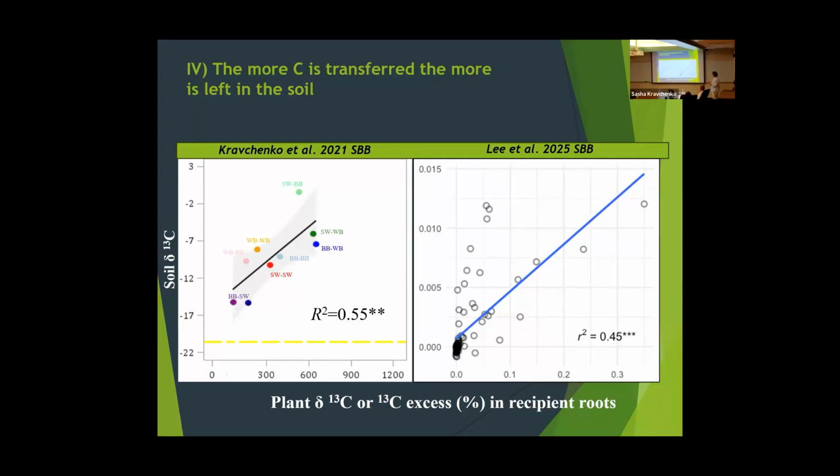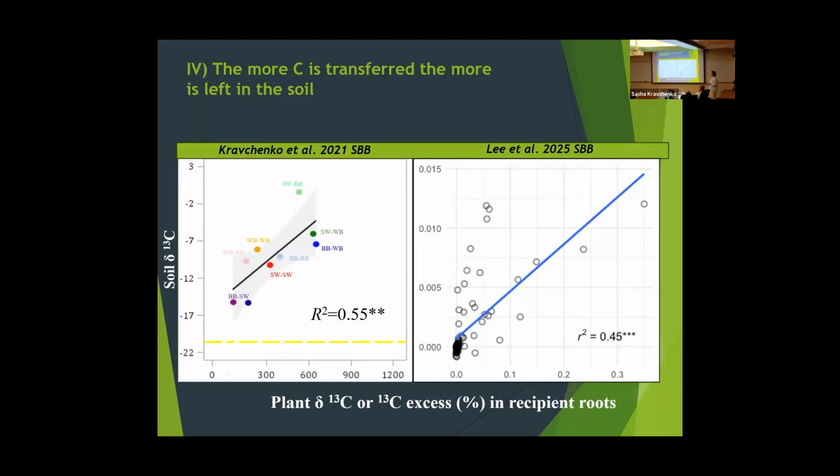So these are data from our first greenhouse study. On the x-axis is our measure of carbon transfer, that is, what was the enrichment in the roots of non-labeled plants. And on the y-axis is enrichment in the soil, or specifically in this study, in rhizosphere soil.